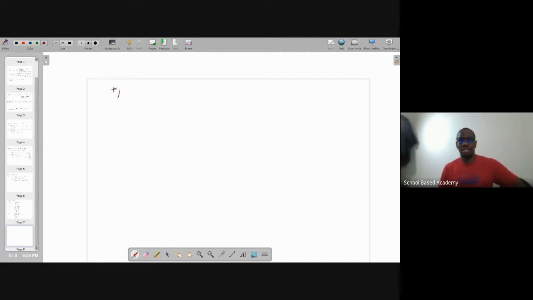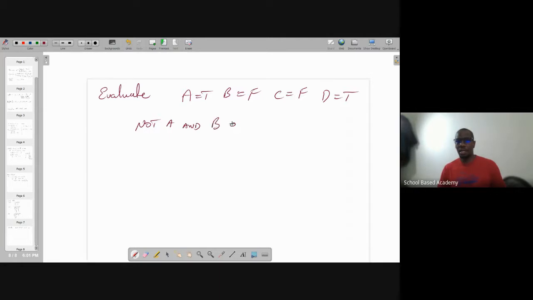I'm going to say evaluate: A is equal to true, B is equal to false, C is equal to false, and D is equal to true. So if we have some statements, not A and B or C, and not D or A. How do we evaluate a statement like that?